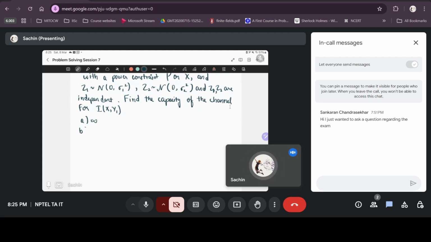Options are infinity, half log of 1 plus P over sigma 2 square, half log of 1 plus P plus sigma 2 square, sigma 1 square. Option D is half log of 1 plus P over sigma 1 square.